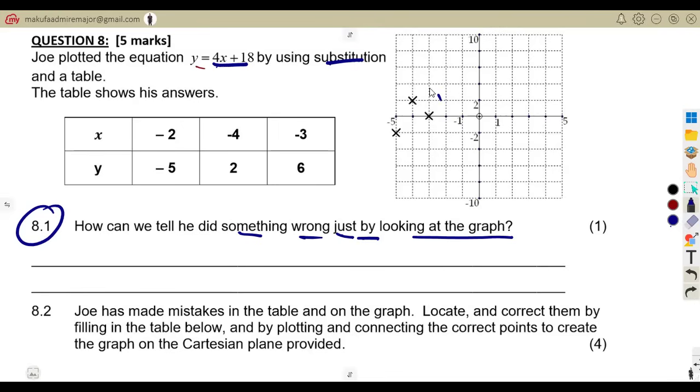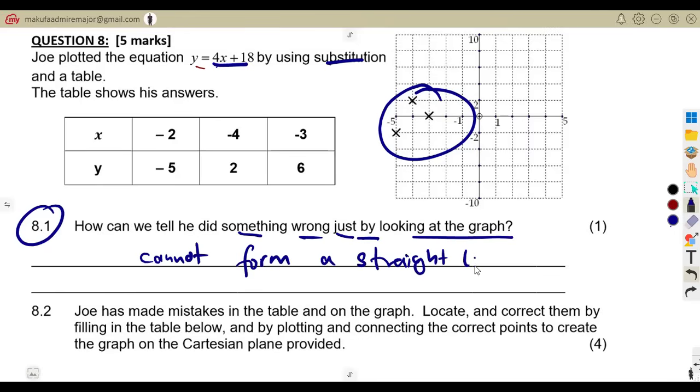So meaning to say there is a mistake there, because we are supposed to form a straight line. So this is wrong because it cannot form a straight line when these points are joined.